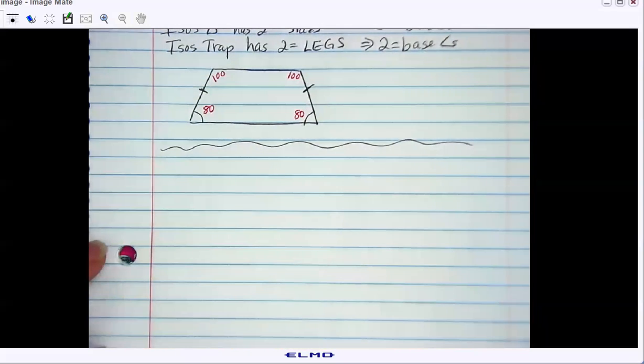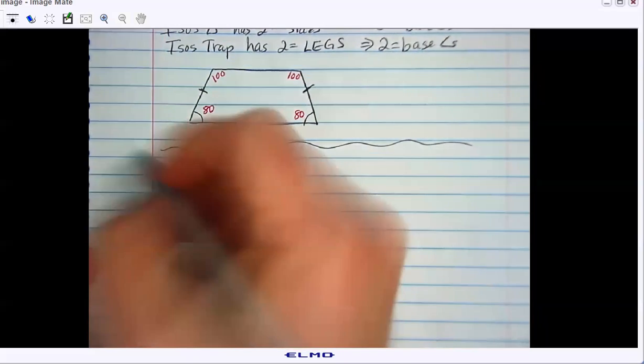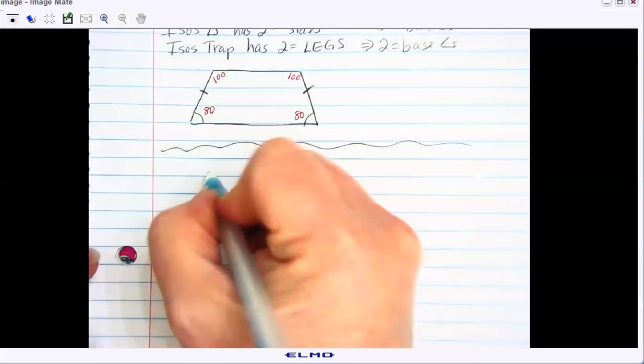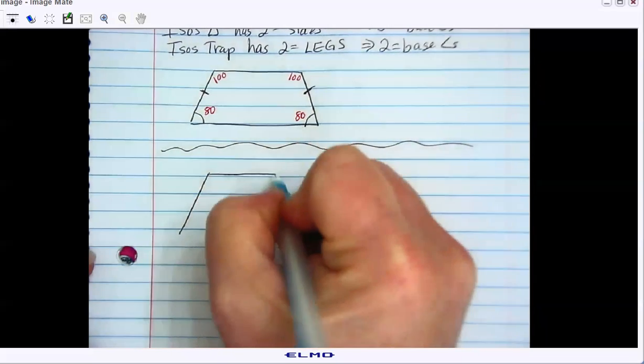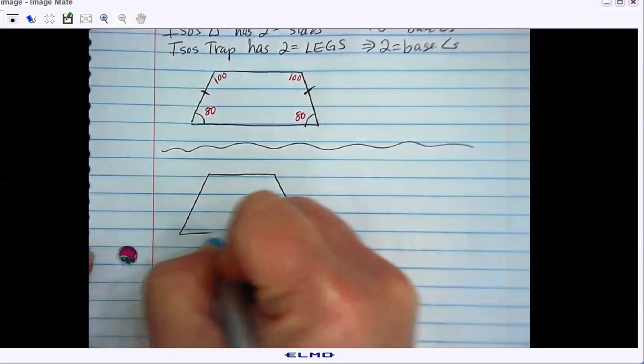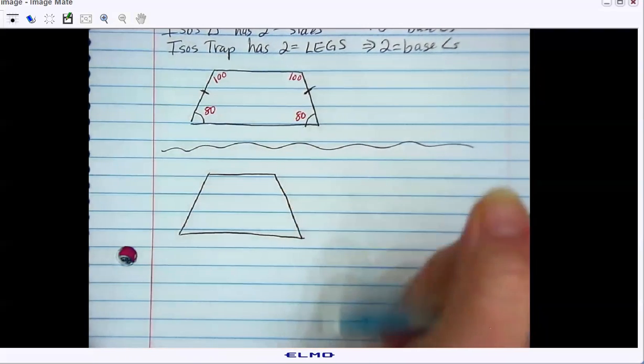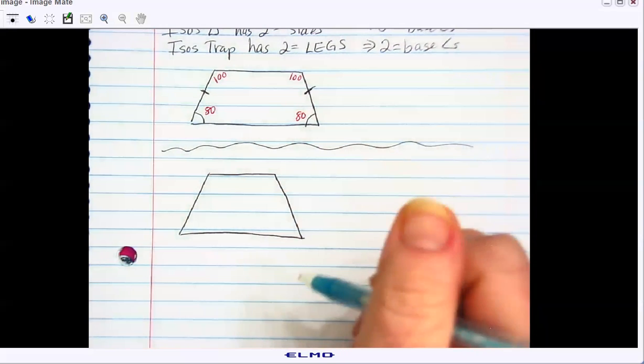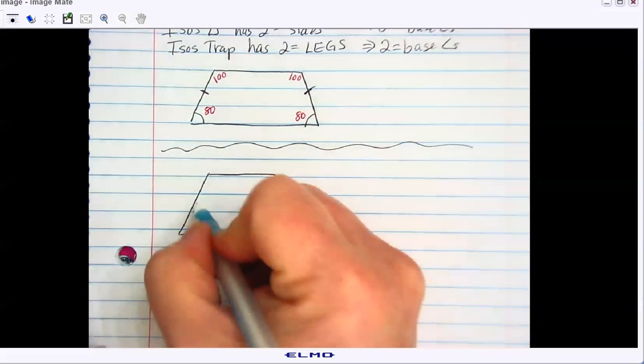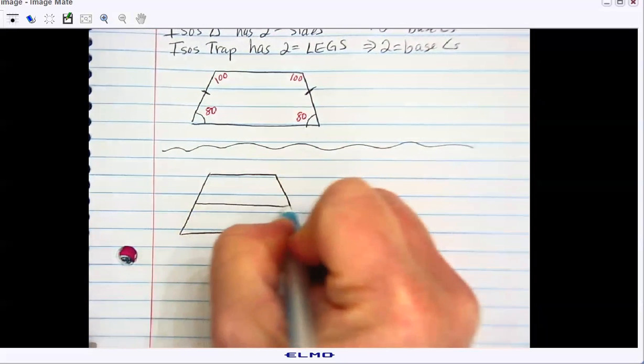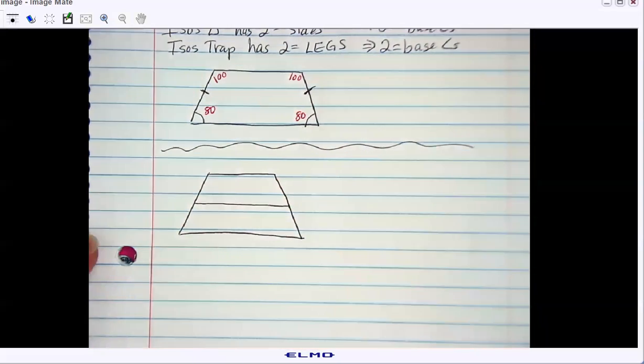Okay, so let's do a couple sample problems. Sometimes when we have trapezoids, and this isn't necessarily an isosceles one, it just happened to look like it, they'll give you the median and you'll have to find one of the bases. So let's go back to the one that we had before, because we already know what the answer is.